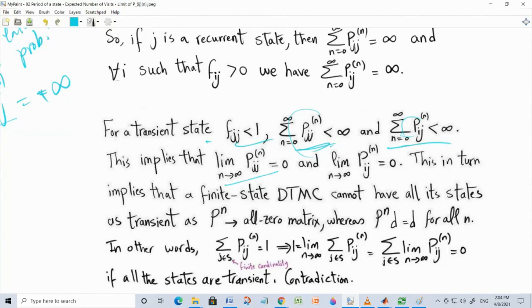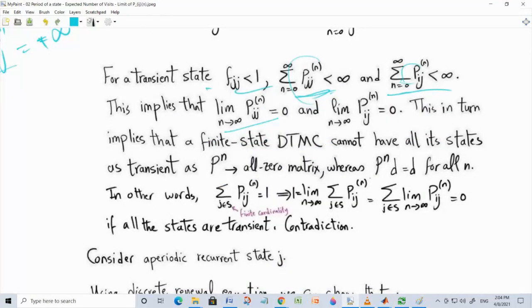So we can have a mix between positive recurrent and transient states. We can have that all states are positive recurrent, but it is not feasible mathematically to have all states be transient. Okay, so let's see what this story is.